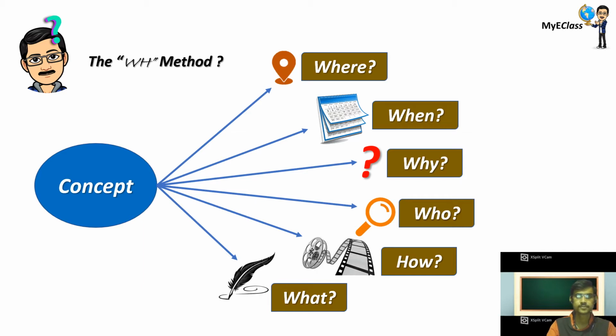In the same way, when you are answering a 4 marks question in your board exam, it requires you to answer in 8 to 10 sentences or 8 to 10 points.